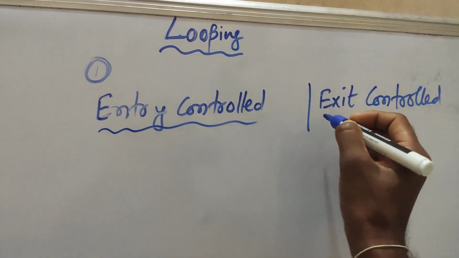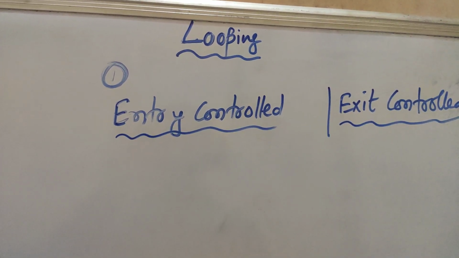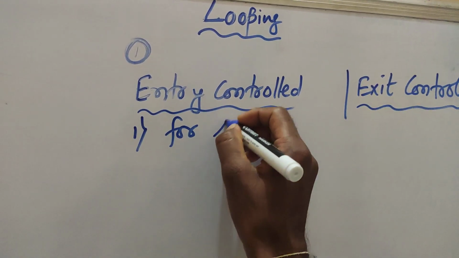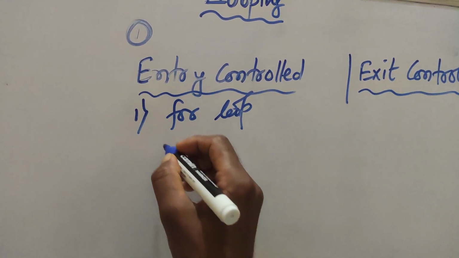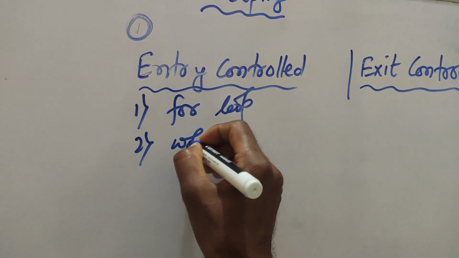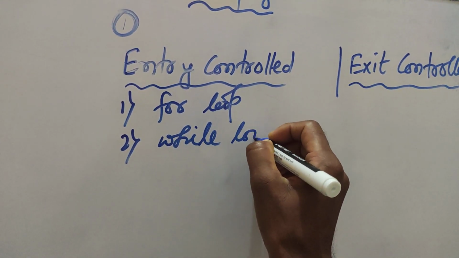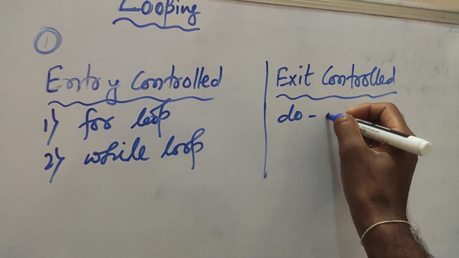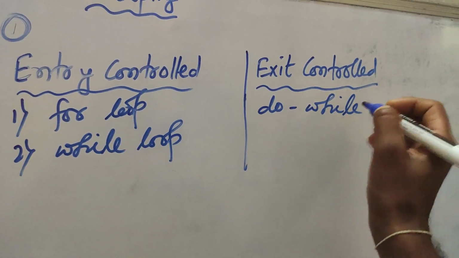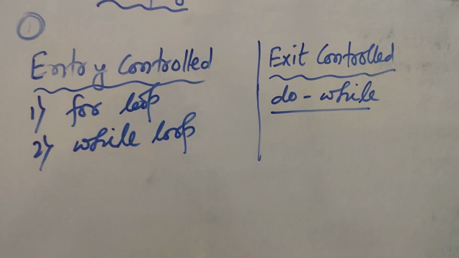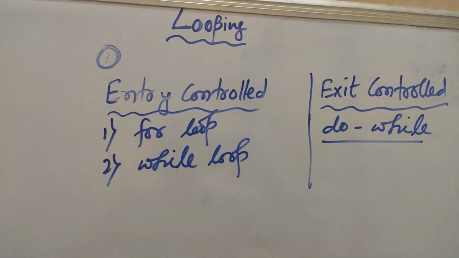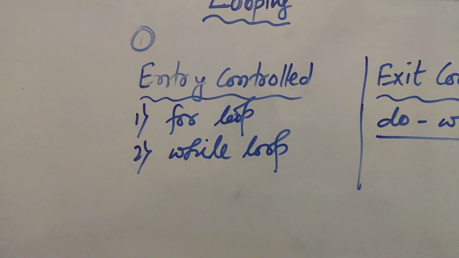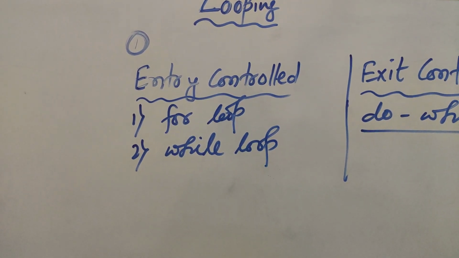Under the entry control, there are two loops: for loop and while loop. Under exit control, only one loop is there, do while. So now three loops we can use in Java programming: for loop, while loop, do while loop.